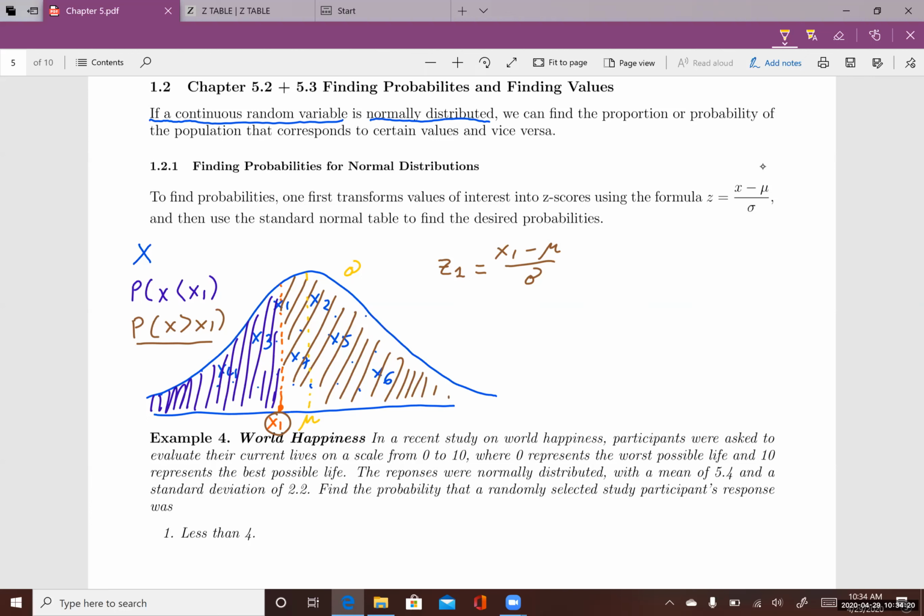Once you find z, you're converting x1 into z1, which is the standard score, and then you can use z1 and the Z table to find the probability to the left of this value or the probability to the right of this value, x1. So you convert it to a standard normal distribution where you can use a Z-score.